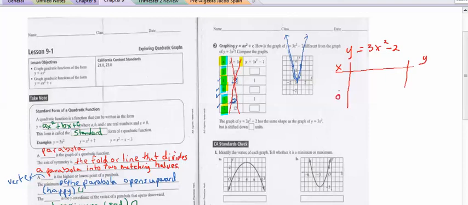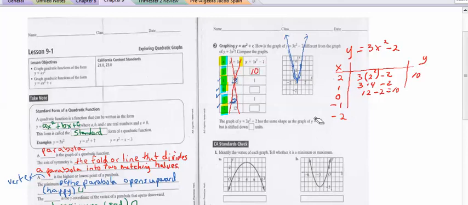So they use 2, 1, 0, negative 1 and negative 2. Again, we're just going to do the same thing. We're going to go 3 times 2 squared minus 2. So 2 times 2 is 4, 3 times 4 is 12, minus 2. So 12 minus 2 equals 10. So it's going to be a 10 here.